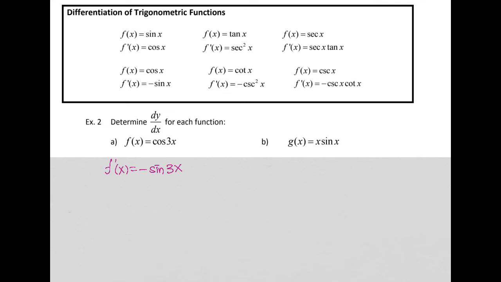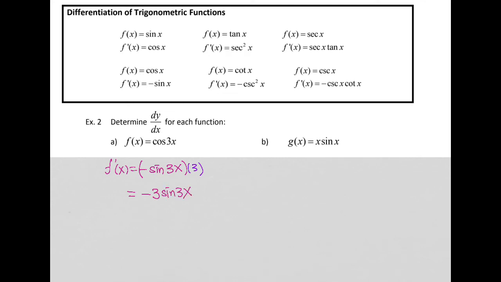And then you're going to multiply by the differentiation of the angle. You look at the angle 3x, and the differentiation of 3x is 3. So I need to multiply by 3, and that's put in the bracket. And then let's combine them. Put the coefficient in front. So we get negative 3 sine 3x.